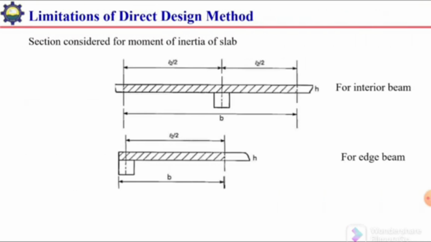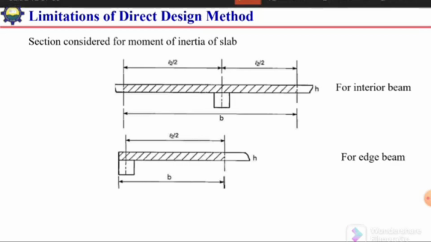Okay, next is the section considered for the moment of inertia of slabs. In case of slabs, again there are two different scenarios for edge beam and interior beam. In case of edge beam, we have slab only on one side, so the width of slab that will be considered for calculating the moment of inertia of slab will be from the center of the support to the center of the panel.